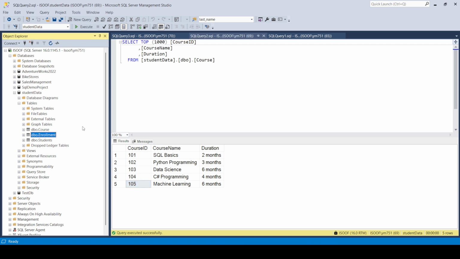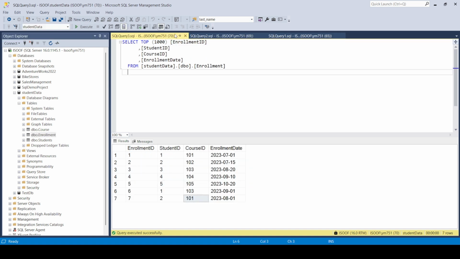Similarly we have the enrollment table. In the enrollment table, this enrollment ID acts as the primary key of this table, whereas student ID and course ID, these two fields, are acting as foreign key columns, because this student ID is referencing the primary key of the student table and the course ID is referencing the primary key of the course table.